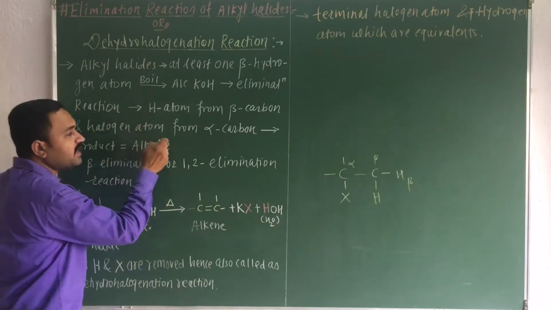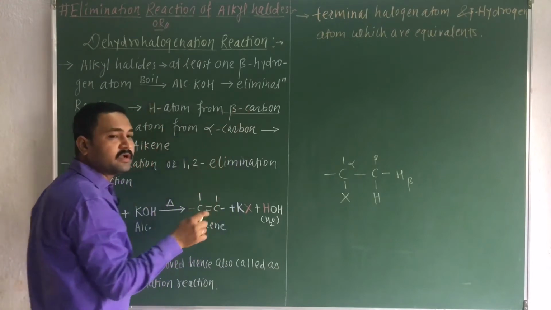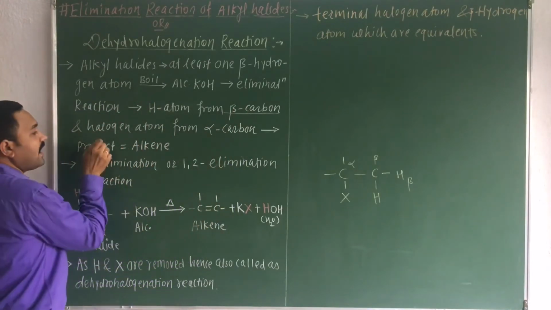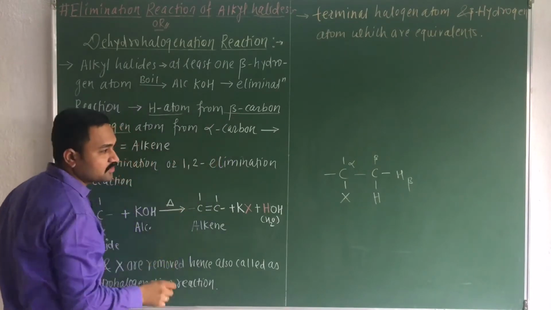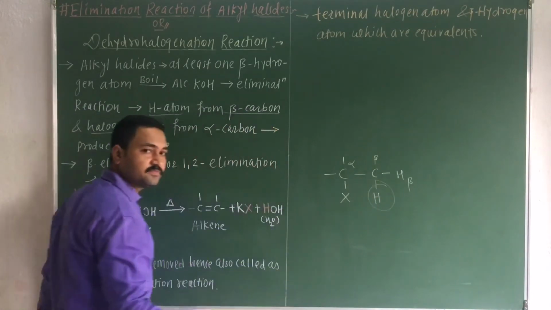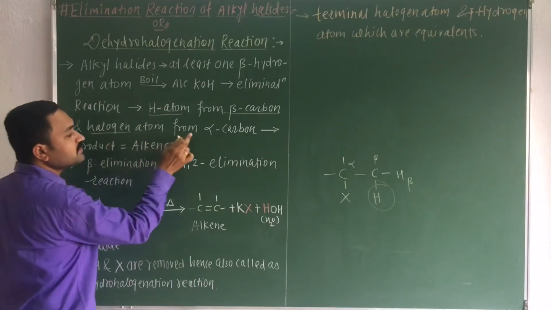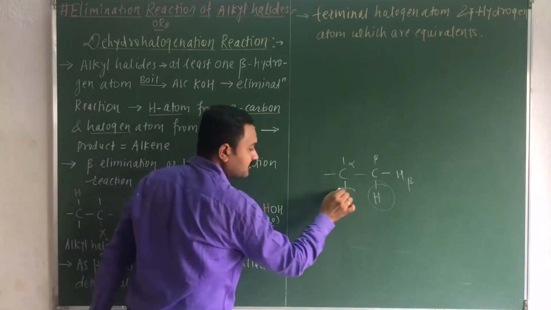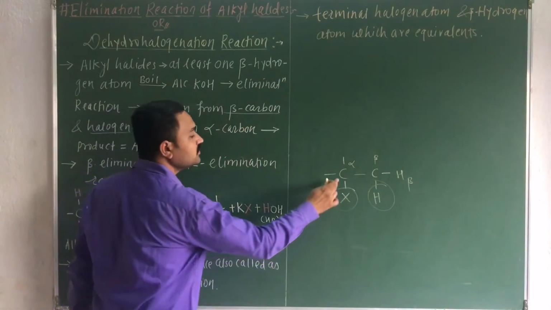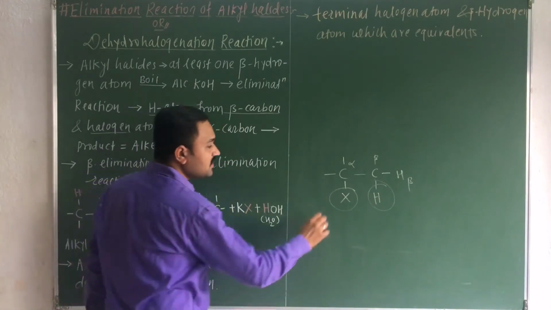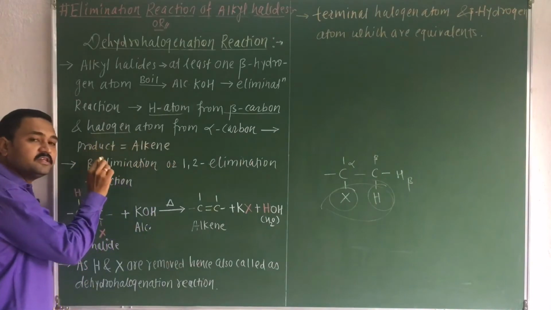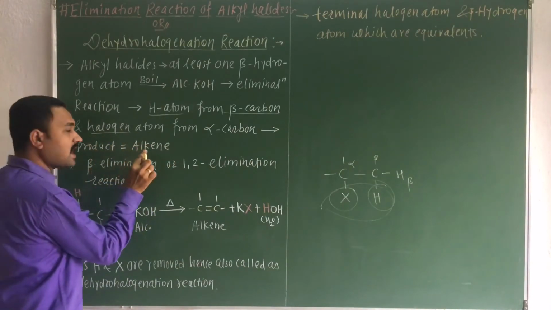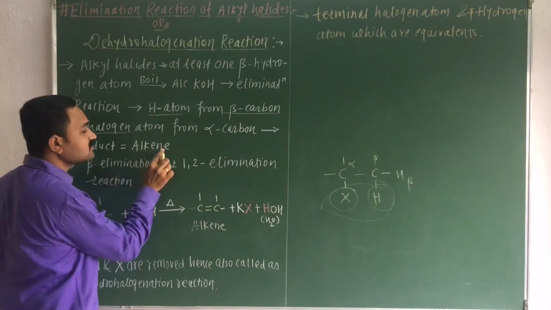The hydrogen atom from the beta carbon atom and the halogen atom from the alpha carbon atom, to which the halogen is attached, are both eliminated. This leads to the formation of an alkene compound as a product.